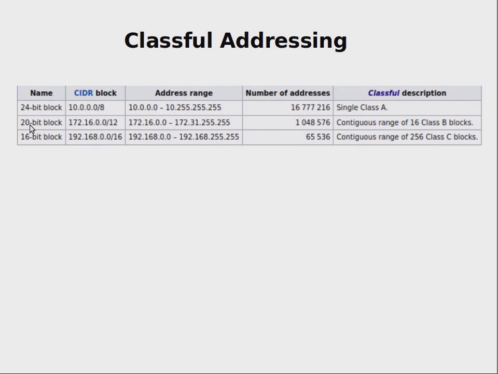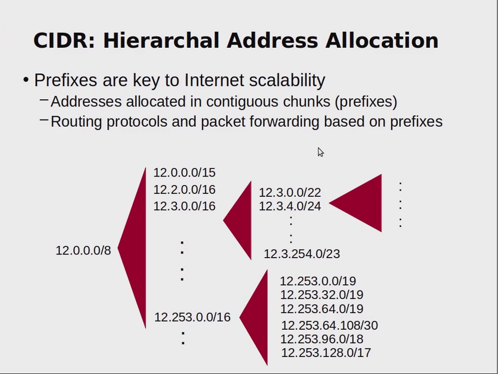Or you can choose that the first 20 bits are network and the remaining 12 bits are computers, then you have 2 to the power of 20, I don't know, a few million networks and approximately 1 million devices connected to it. Or the first 16 bits mean network and the remaining 16 bits mean device. Then you have 65,000 networks and 65,000 devices connected to these networks.